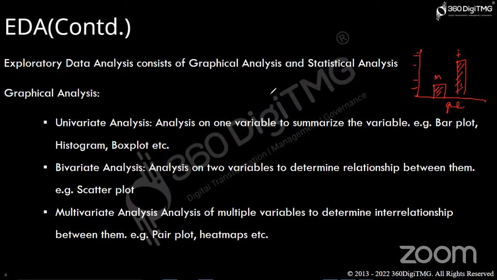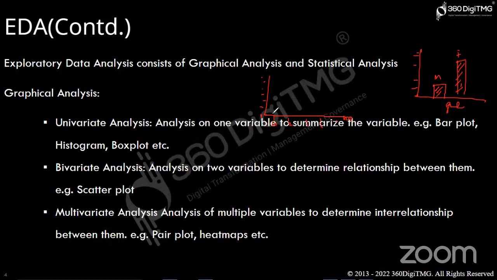In the same way, if I want to know the distribution, if I have marks, 1 to 100 marks, and I want to know what the distribution is here, maybe I am going to view the intervals as 10, 20, 30, 40, 50, 60, 70, 80. Based on this, I am going to plot my data.